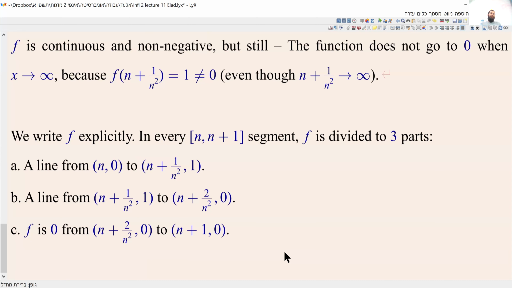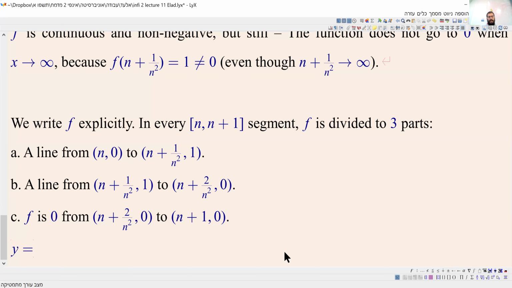Now, what I expect from you is to know how to find a function describing a straight line between 2 points. Don't know if you remember it from high school, but you need to know that a straight line has the form of ax plus b.